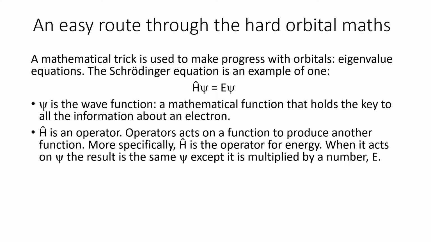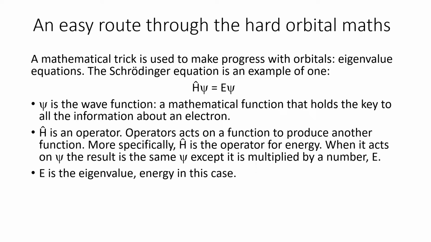In this particular case, the Hamiltonian, being an eigenvalue equation, the operator acts on the wave function and the result is the same wave function, which is why you get the same psi on the right hand side, except it's multiplied by a number. That number is the capital E there. E is the so-called eigenvalue, which in this particular case is the energy.